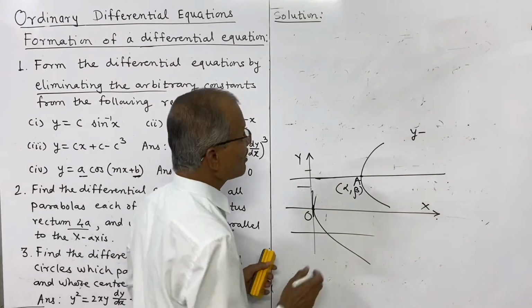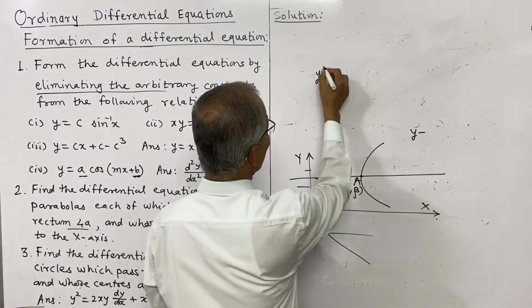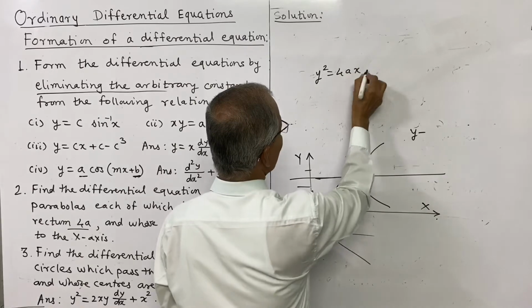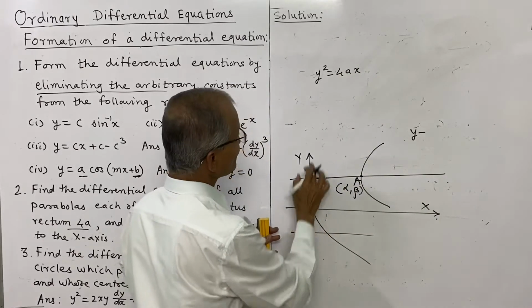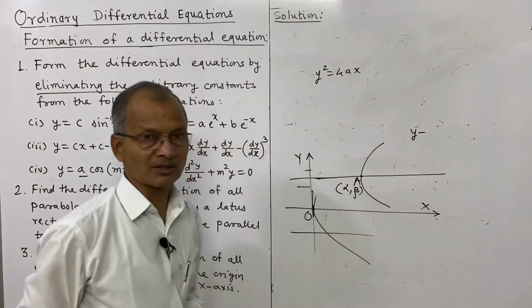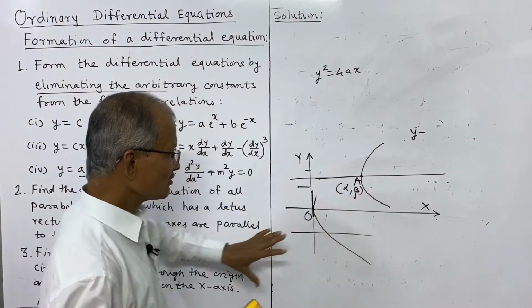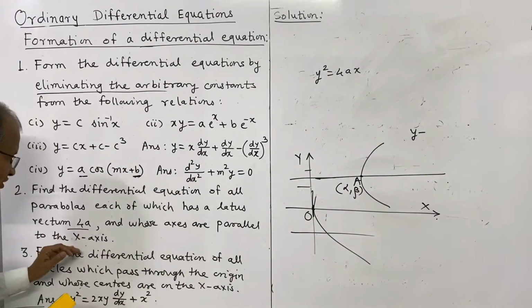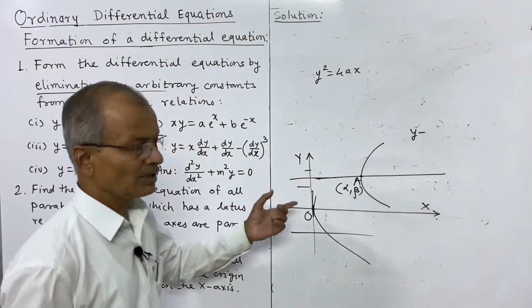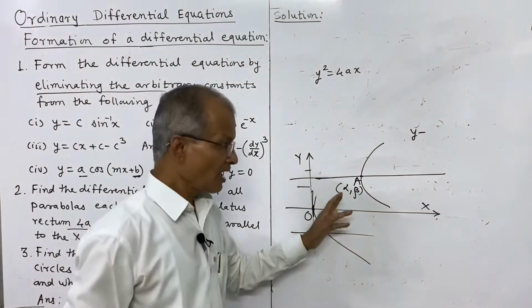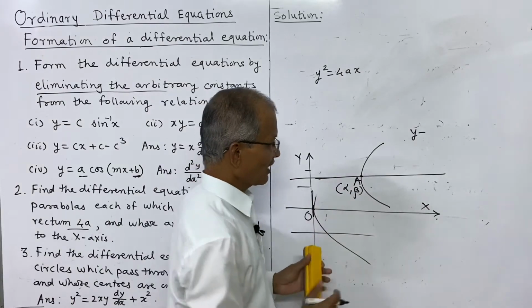So what is the standard equation of the parabola? Y square is equal to 4ax. Here the vertex is the origin, and we shift the origin to the point alpha beta, because it is not given that the vertex is the origin. The vertex may be anywhere, only the condition is given for the axis: the axis is parallel to the x-axis.